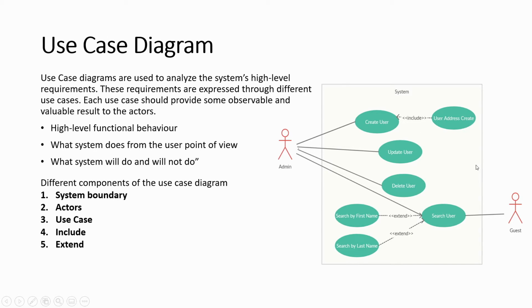All right, and extend works in a similar way. You have one main use case which is generic, and then sub use cases which are more specific to that main use case. Here, search user is the main use case, but we have many different filters, which are different use cases: search by first name, search by last name. These are the extended use cases of your search user.